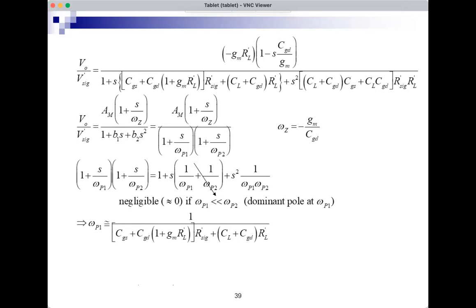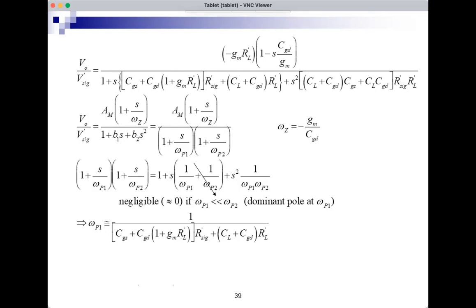So 1 over omega p2 becomes negligible compared to 1 over omega p1. Of course, this is an approximation, and omega p1 should be very dominant for this to provide an accurate value for the 3 dB frequency. But if this is the case, I can just drop the 1 over omega p2 term.